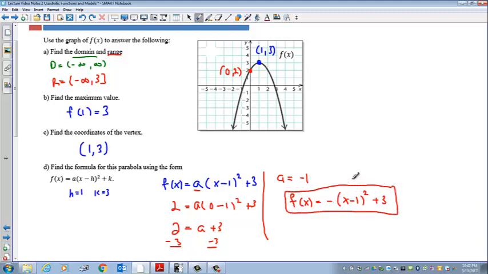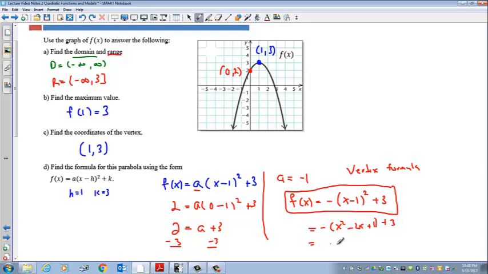So this is my answer in vertex form, using the vertex formula. You could also multiply it out if you wanted to, and rewrite this in the standard form. Remember the standard form is ax squared plus bx plus c. If you multiplied it out, you get negative (x squared minus 2x plus 1), all plus 3.